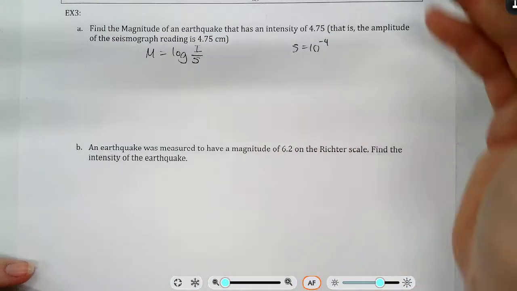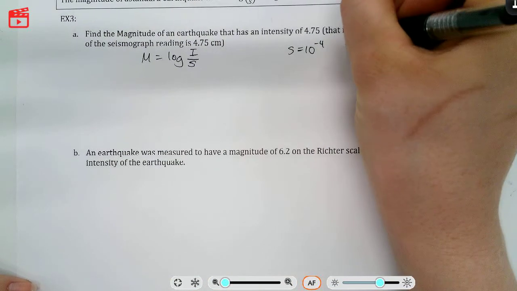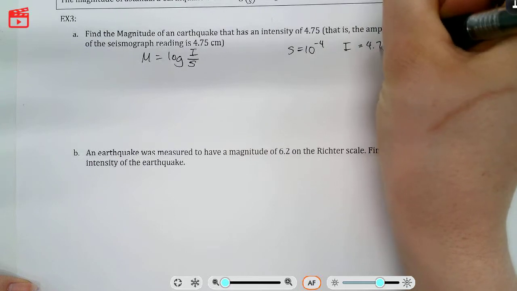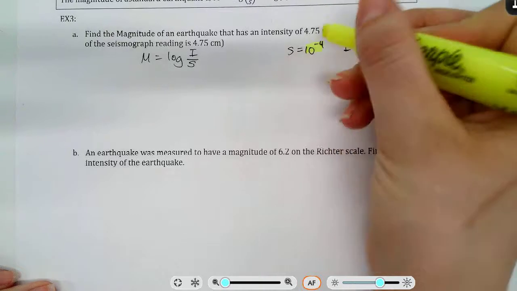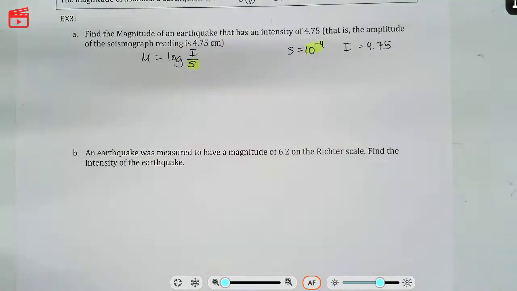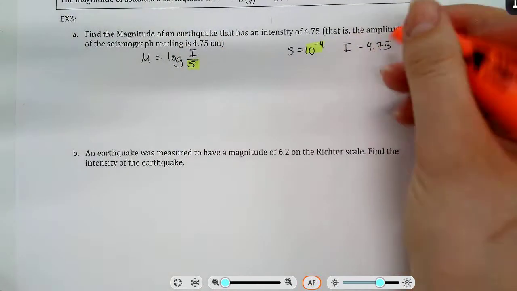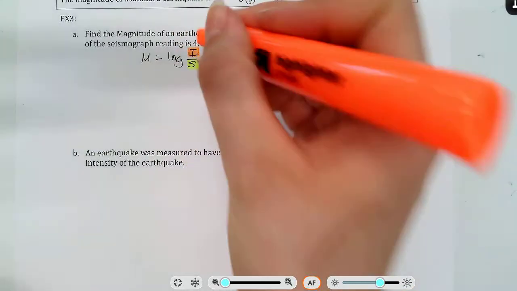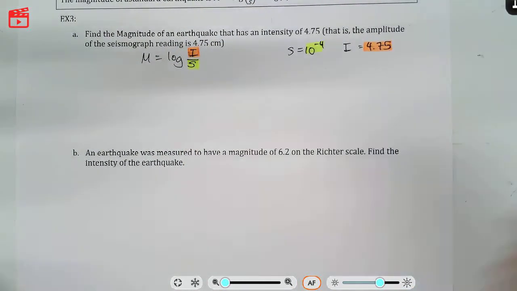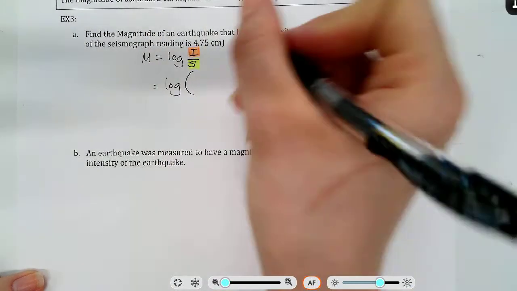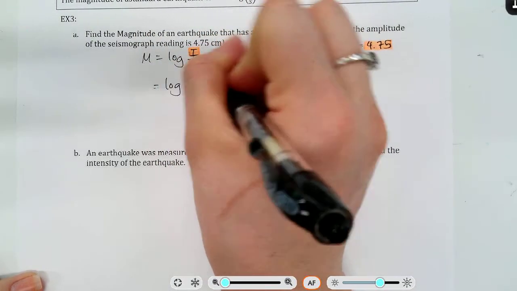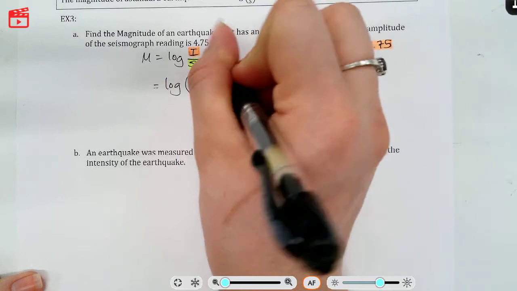And then our given intensity is 4.75. So this is my S value, and this is my I value. Plugging those in, it's going to be log of 4.75 all over 10 to the negative 4.